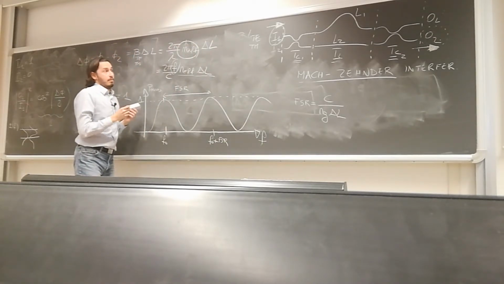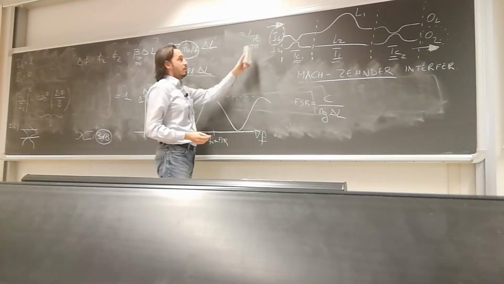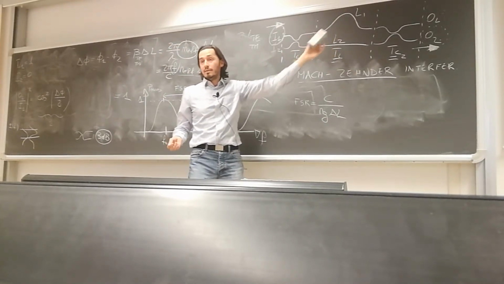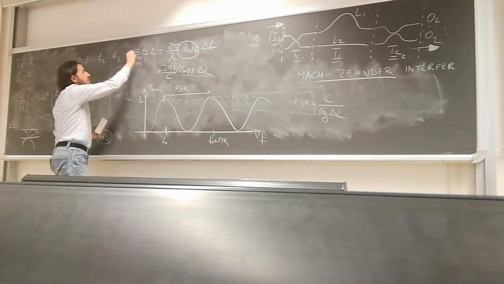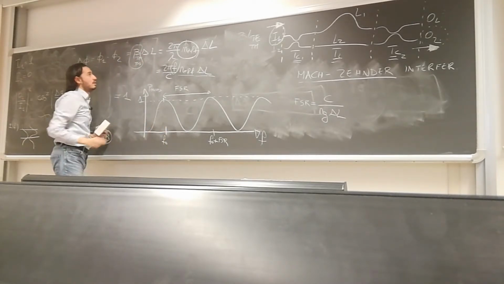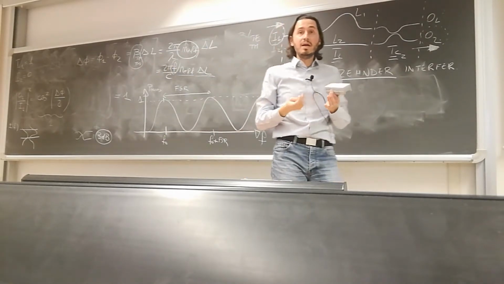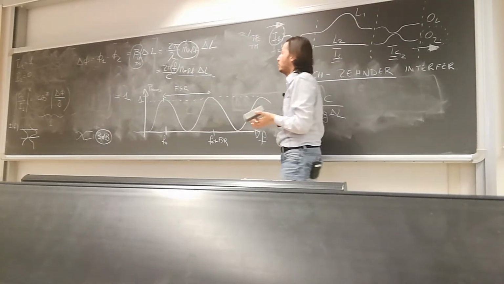Okay? So this means that this has to work for both polarizations, and both polarizations means that you will have inside two modes, because two polarizations are basically two modes with beta that are typically close to each other but different.